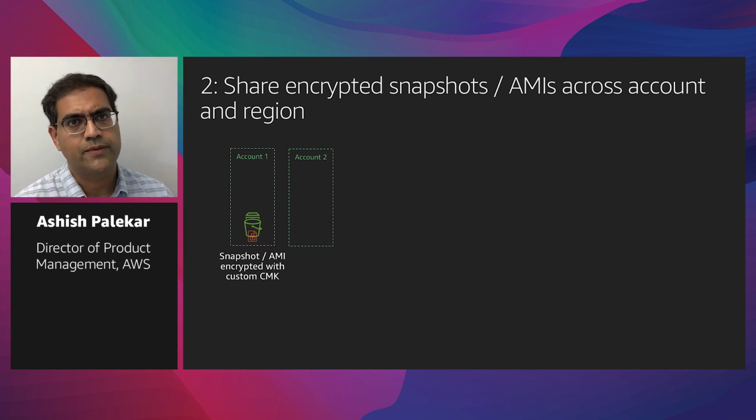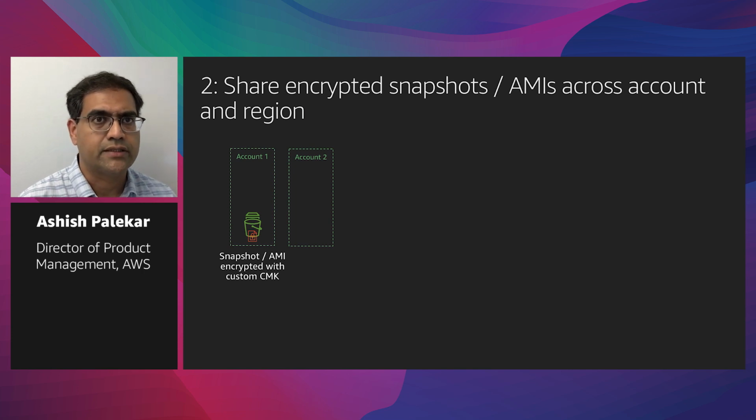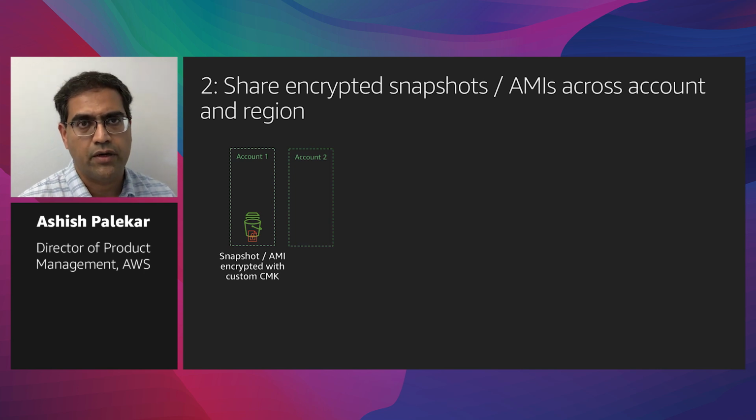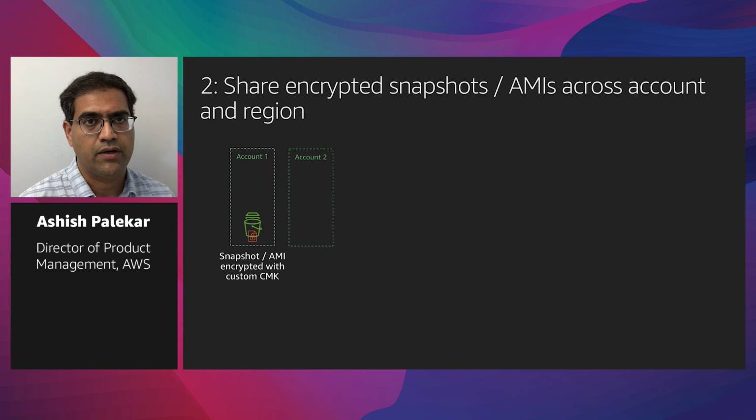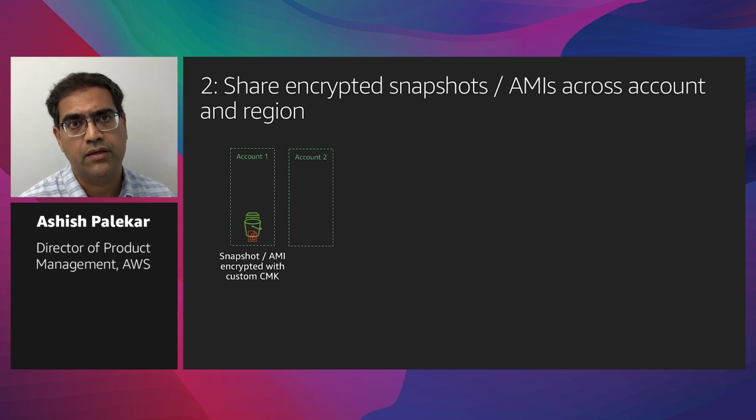If your source volume is encrypted, the challenge is that you cannot share that snapshot with another account. And what that meant is customers would have to copy that encrypted snapshot and then launch an encrypted volume from that snapshot. In other words, it cost them money and it took time to copy that snapshot over.